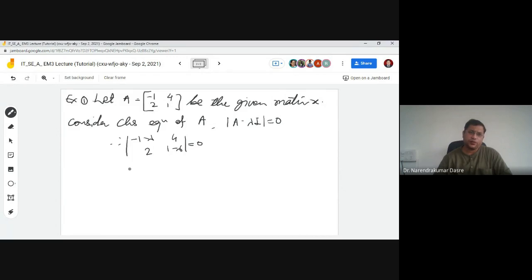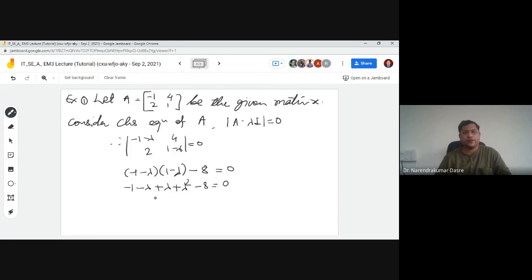So what we got here? Minus 1 minus lambda into 1 minus lambda, and this term is minus 8, is equal to 0. Find out the product for this. Okay, so we can have minus 1, this is going to be minus lambda, this is minus minus plus lambda, and then plus lambda square minus 8 is equal to 0.